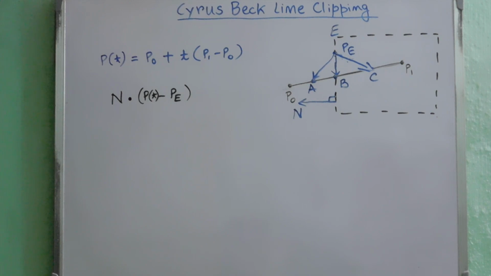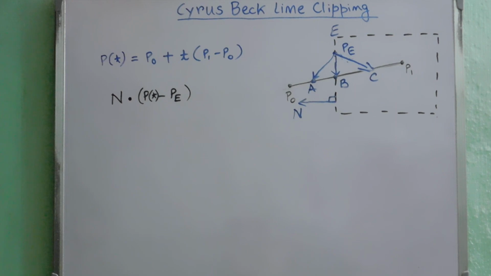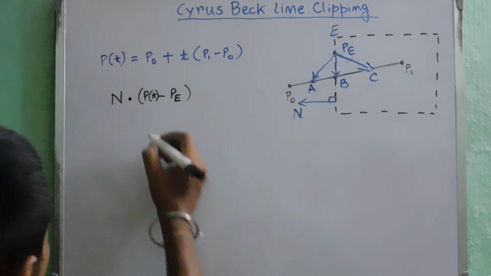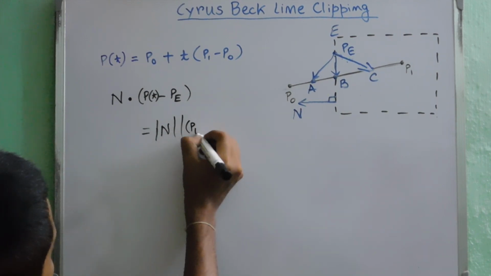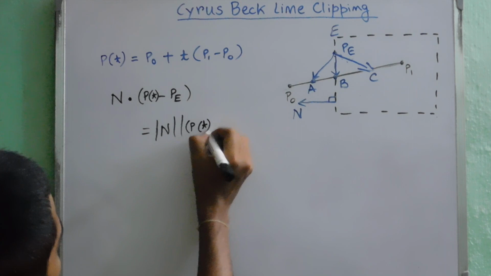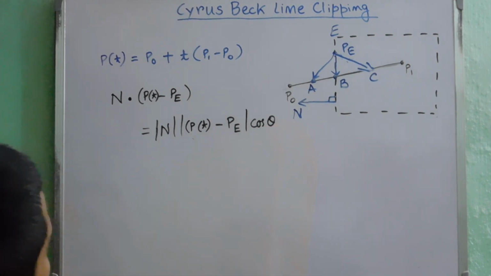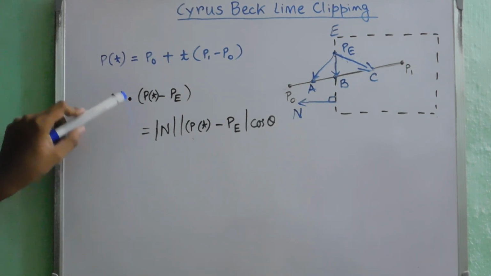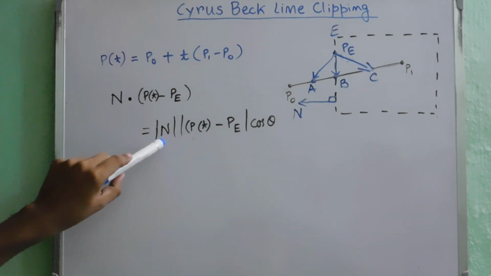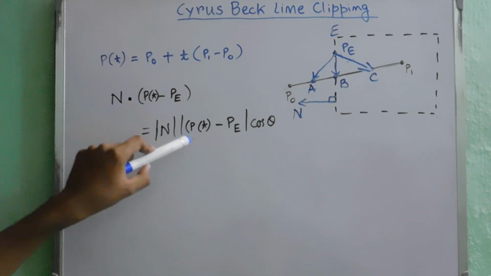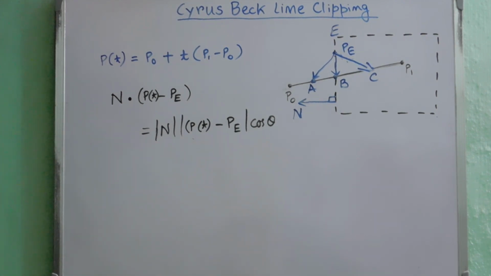So we are performing the dot product between the normal and the distance vector. Now this is equal to |N| |P(t) - PE| cos theta. This is the expansion of the dot product, that is the magnitude of the normal and the magnitude of the distance vector multiplied by cos theta.